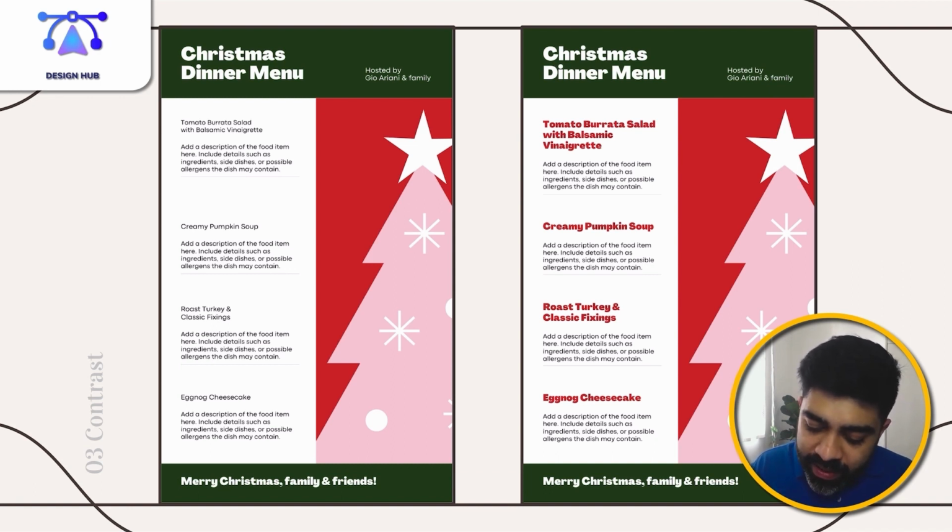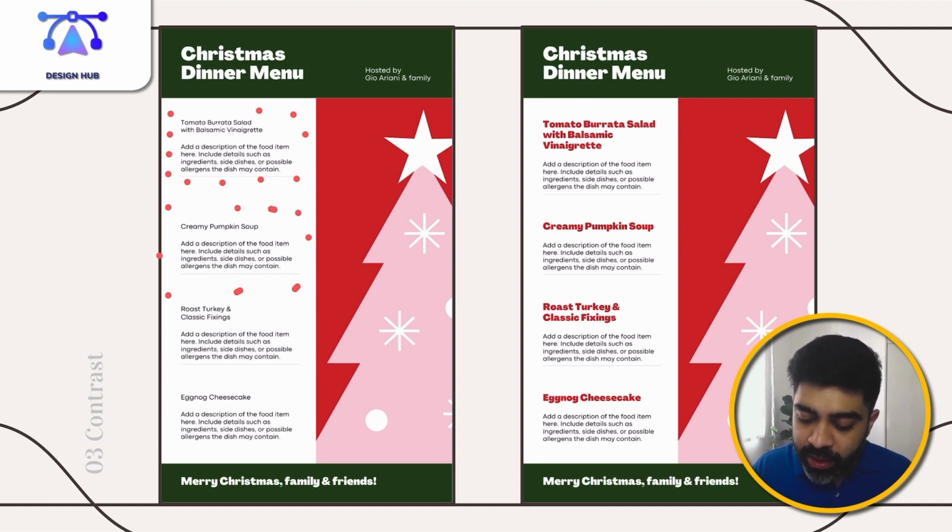Now you can see that there is a proximity principle that has been applied to keep the text together over here. Similarly over here, the assumption is that the description of the food item, which is the basic template text right now, is connected to the visual over there, to the main item over there. And how this has been slightly modified is to use a slightly different color or a heading for that segment.